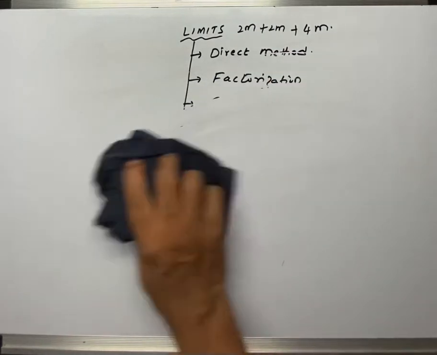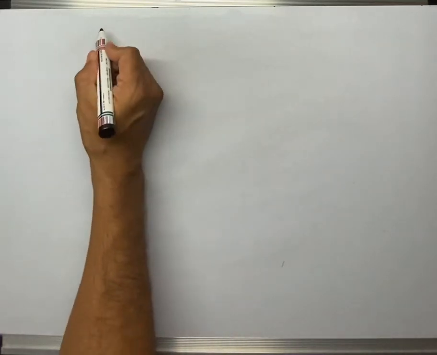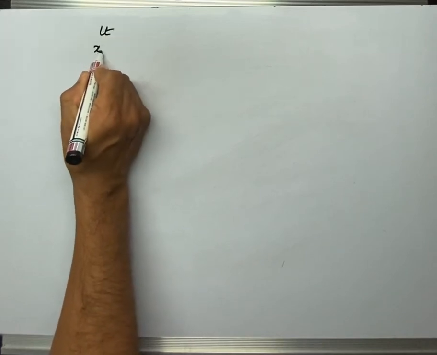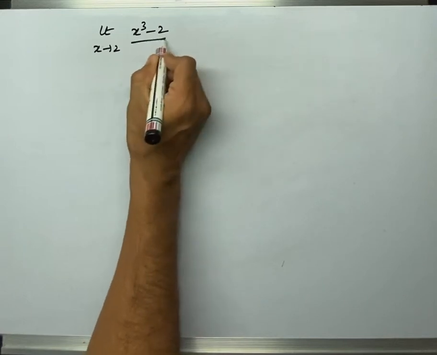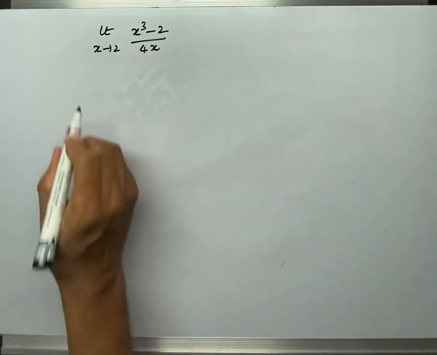Now, these methods and standard formulas we have to discuss. First, we have substitution. Whenever you find limit X tends to 2, X cube minus 2 by 4x, that is the question.